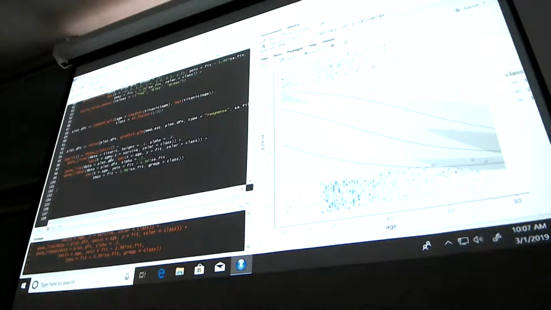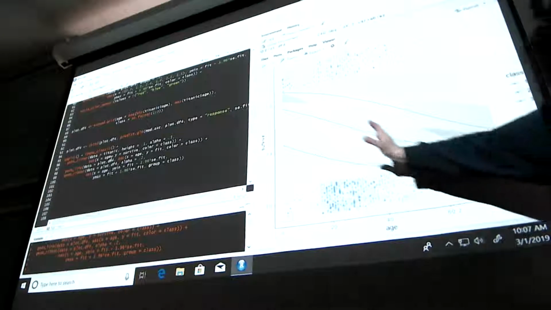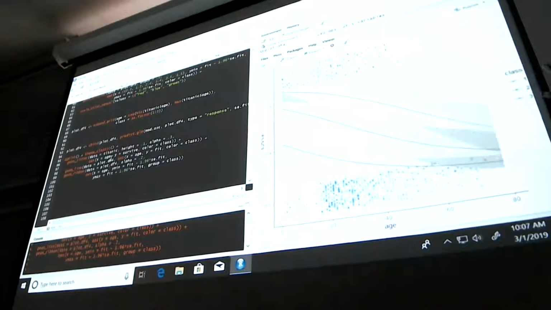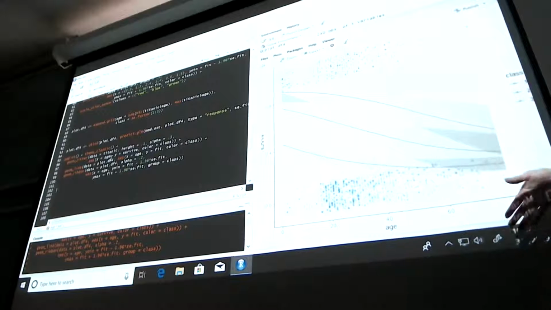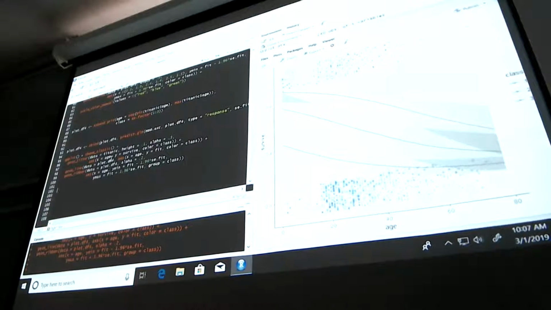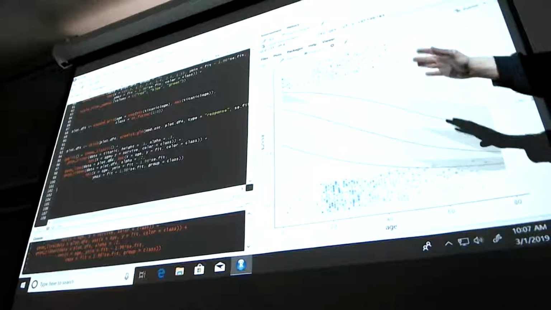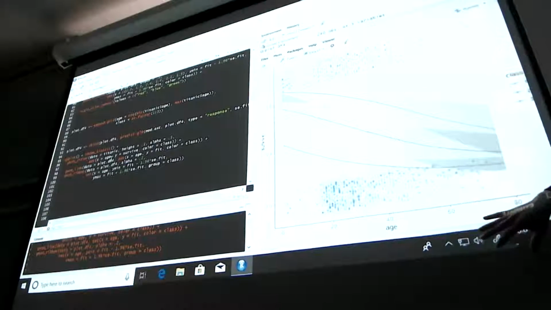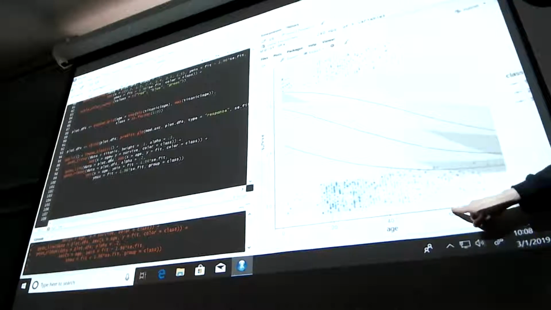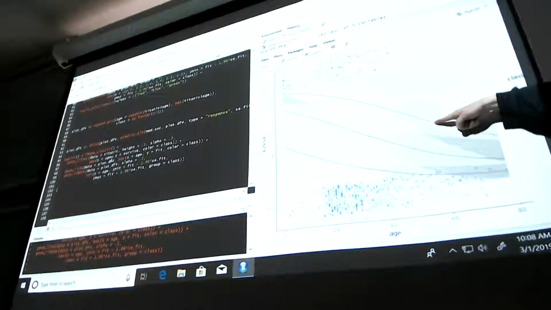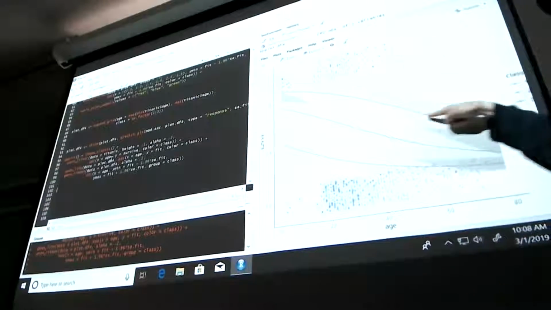So what this is showing is that in general, as age goes up, the probability of surviving the Titanic goes down. Ignoring gender and only looking at class and age, as you get older, there's a lower probability that you're going to survive. If you're 60, the probability of surviving in first class is about 0.4.